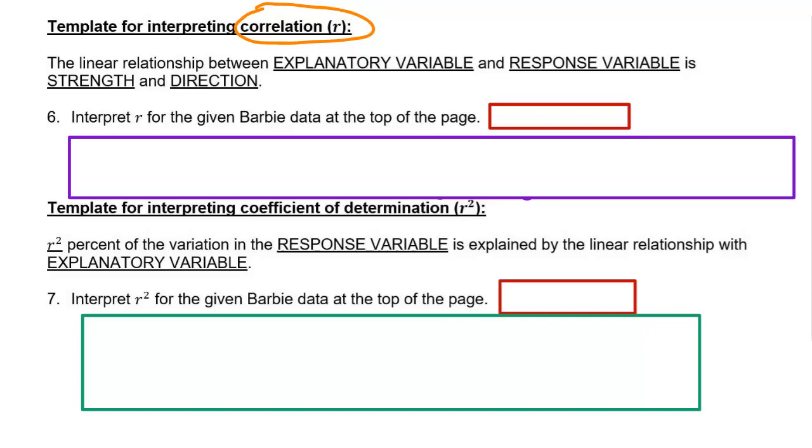R always tells us how close it is to a line, so we're always looking at linear relationships when we're talking about R. The linear relationship between the explanatory variable and the response variable is, and then we'll give the strength and the direction. So I want you guys to interpret the R for the Barbie data at the top of the page. What was the R value for that?